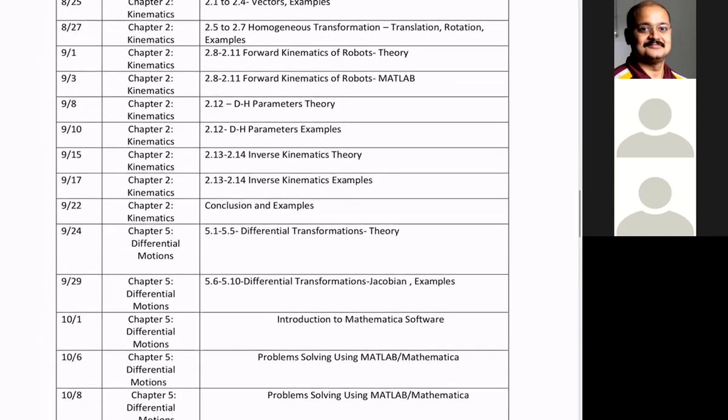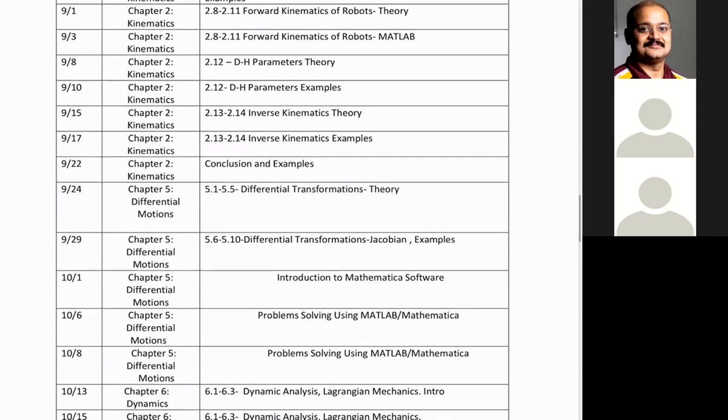We have about 5 lessons assigned, even though the material in this part can easily be covered in 2 lessons. Once we discuss the differential transformation, I want to introduce you to Mathematica, and there will be one lesson on how to use Mathematica for symbolic computation. MATLAB is very good for numerical calculation, but if you want to solve or generate symbolic expressions, Mathematica is superior.